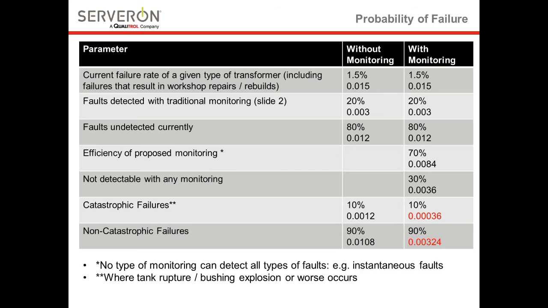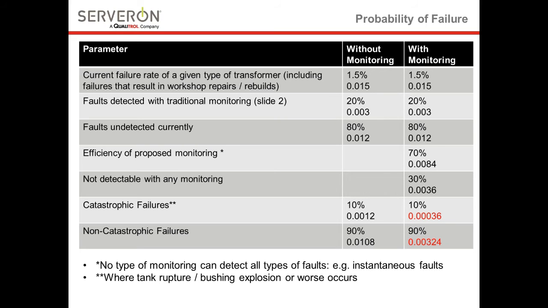Yep. So as I mentioned, the ratios for with and without monitoring are in actual fact the same until you start to get down to considering catastrophic and non-catastrophic failures, where you see a divergence.